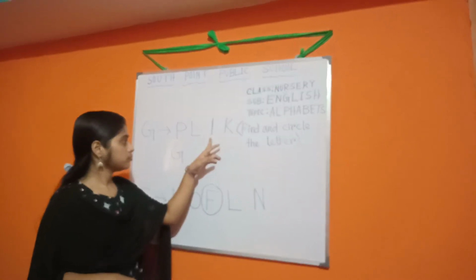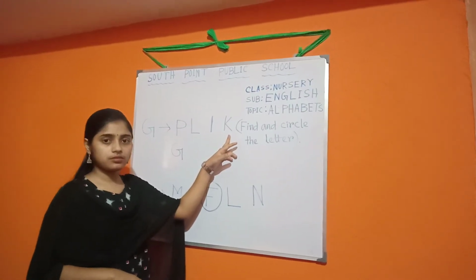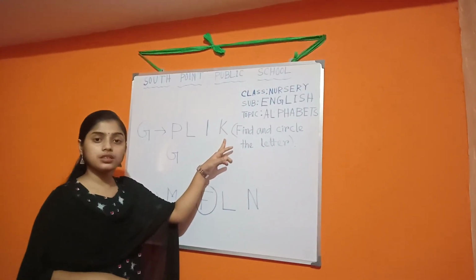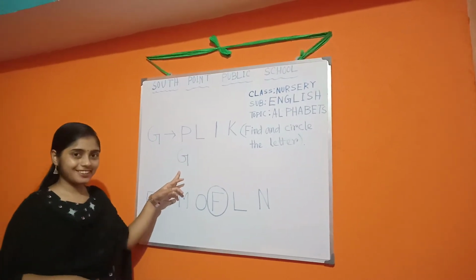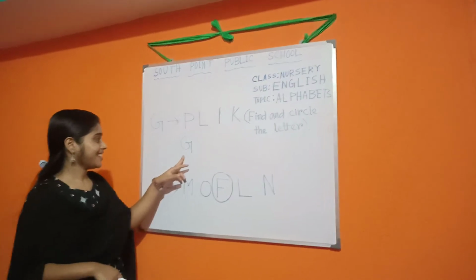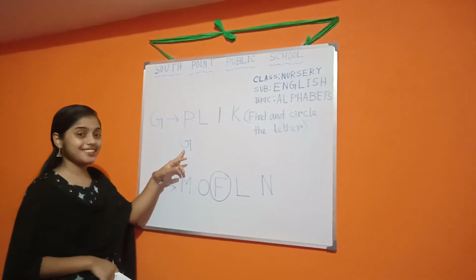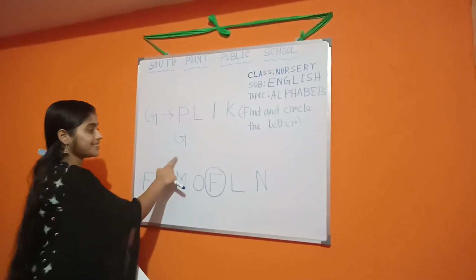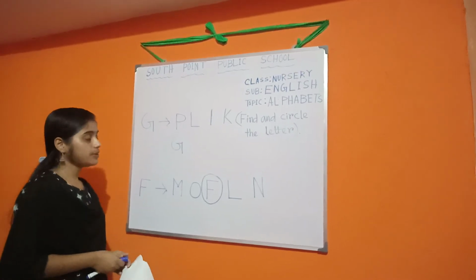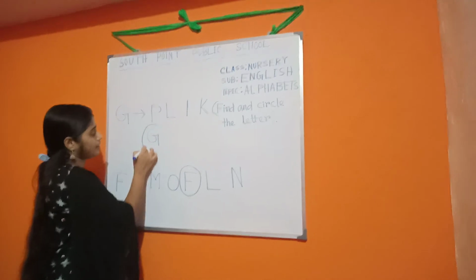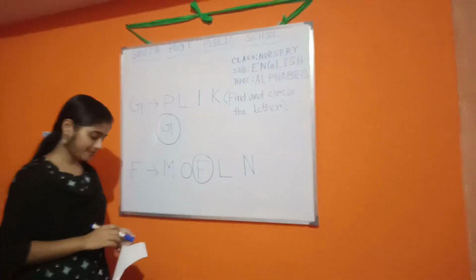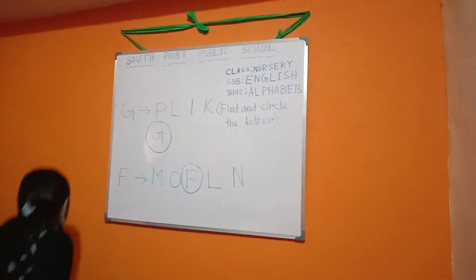No. Is it? No, it is K. Is it? Yes, it looks like G. So, it's the correct letter. Now you have to circle this. Okay, done? Next.